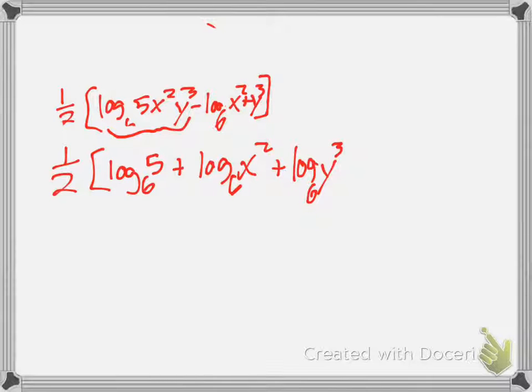There's a lot of stuff in there. It's not meant to be complicated conceptually, but it does take a lot of paper. And then minus the second one, log base 6 of x squared plus y cubed. You can't touch it. That's stuck. You can't do anything with it because that plus sign in there is not one of the properties you can deal with in our log rules. So you just leave it. That's it. This is essentially done.